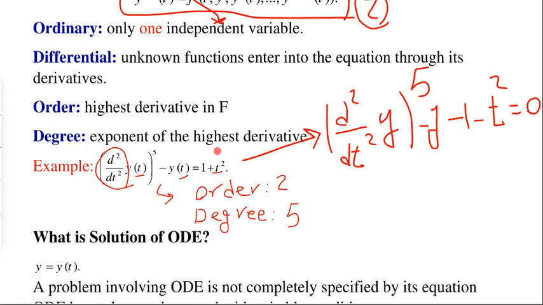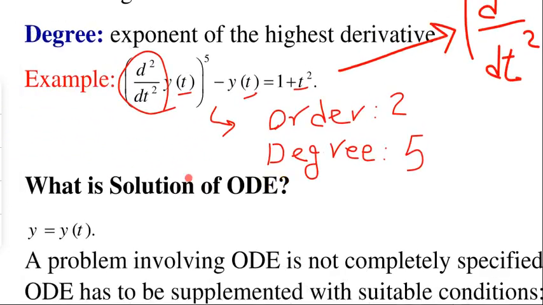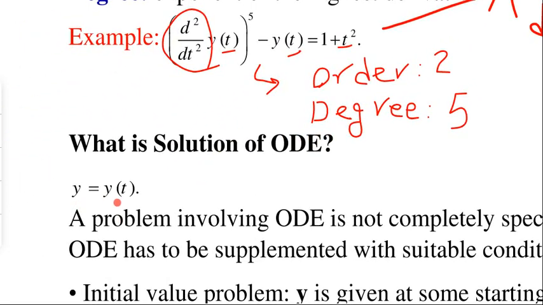Here the function y is unknown. So y equals y of t will be the solution. Here we want to obtain a function y of t that will satisfy this equation.